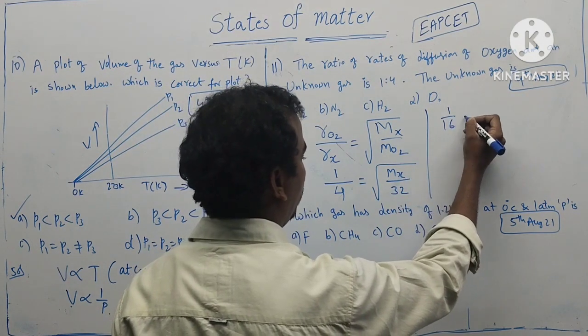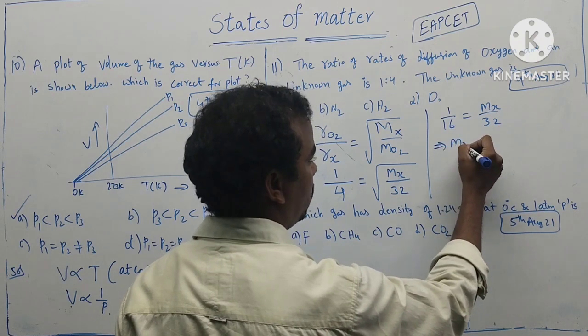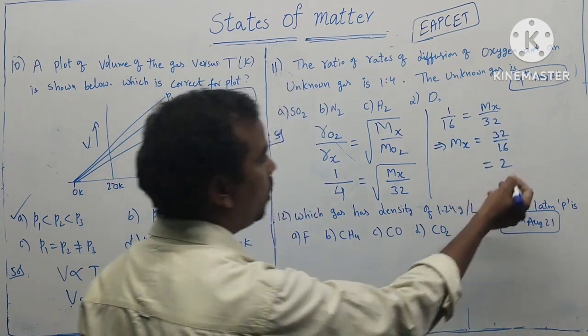Squaring on both sides, 1/16 is equal to Mx by 32. That implies Mx is equal to 32/16, that means 2.